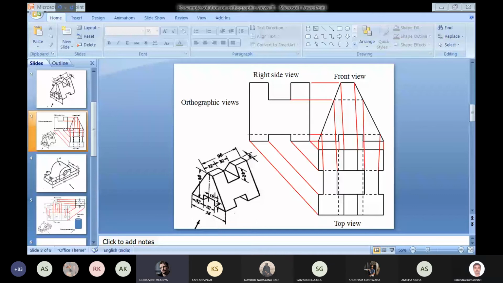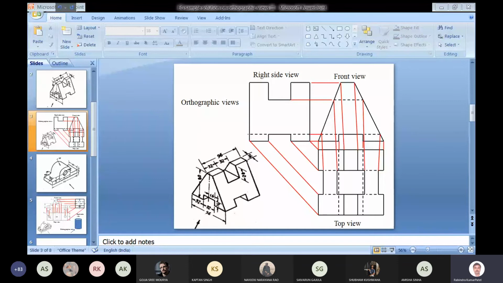Sir, for that first question, among A and B, which top view is correct? The first one, A. Because the arrow shown here is used as the front view.